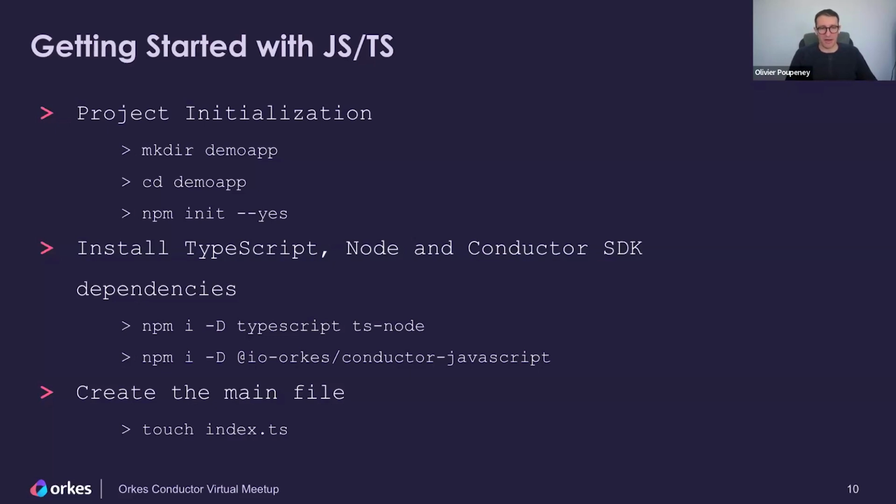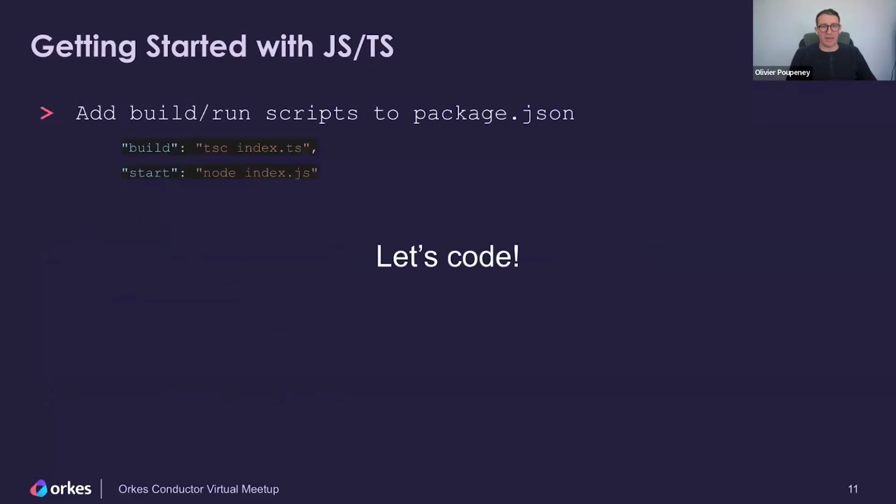Then you create your main file, and the last step before starting to code is to add some scripts in your package.json. The one to build the app will be tsc, the TypeScript compiler, on your index.ts, and to start the app by running node index.js. When you've done that, you're ready to start coding.